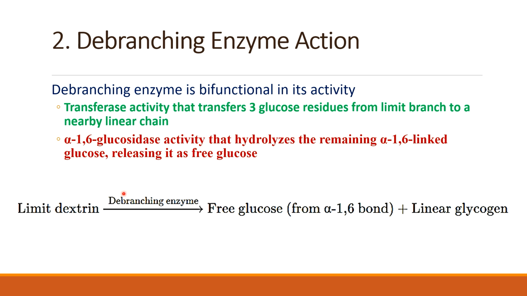So at the branching point, where you have the limit dextrins, the debranching enzyme releases free glucose by cleaving the alpha-1,6 bond. Thereby, you get linear glycogen molecules which are available for another round of phosphorolysis.